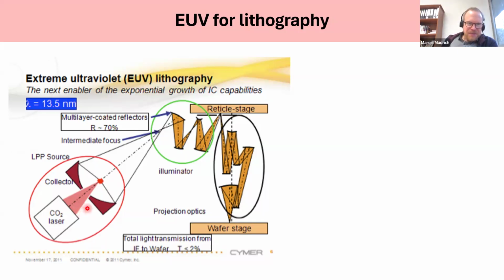This relies on driving a plasma in microparticles, and the best way to produce a point source of high density plasma is to irradiate a jet of microparticles traveling through vacuum using intense infrared lasers. These are the good old CO2 lasers, which are also used a lot for material processing.